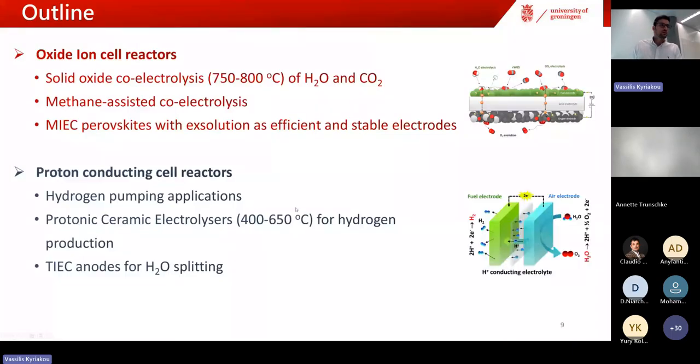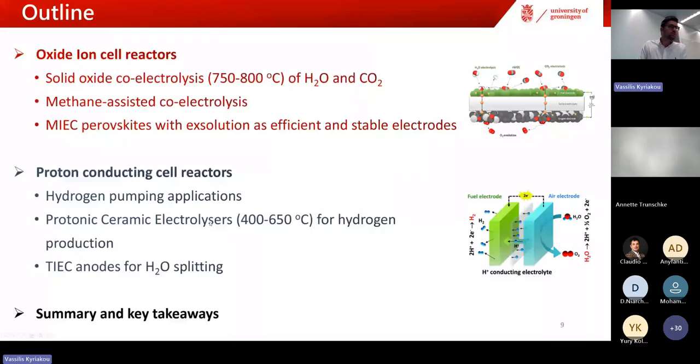The interesting thing with these systems is that they operate between 400 and 650 degrees, which is very close to several industrial applications. Most of the parts of these protonic ceramic electrolyzers, even the electrolyte in this case, consist of perovskites, and I will show you some of these categories. And I will close with a small summary.